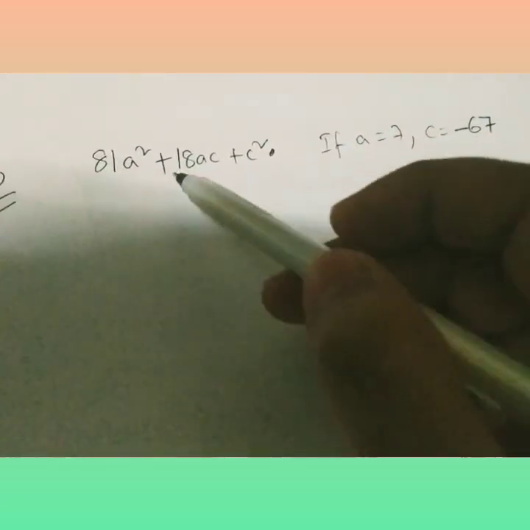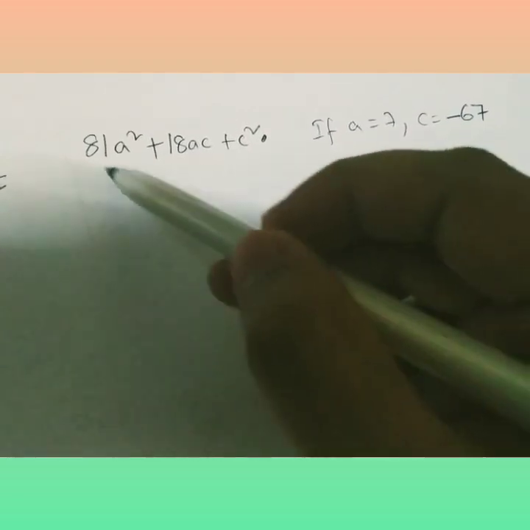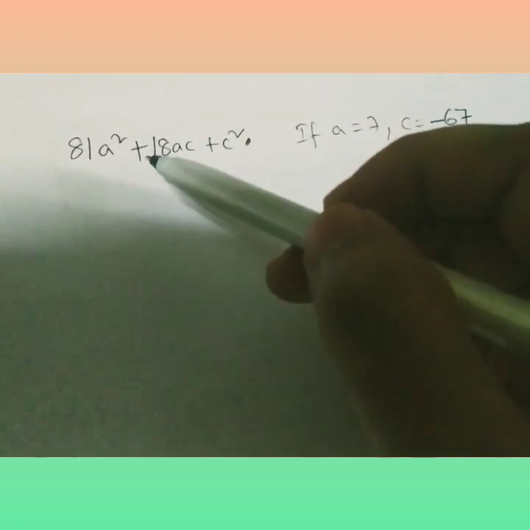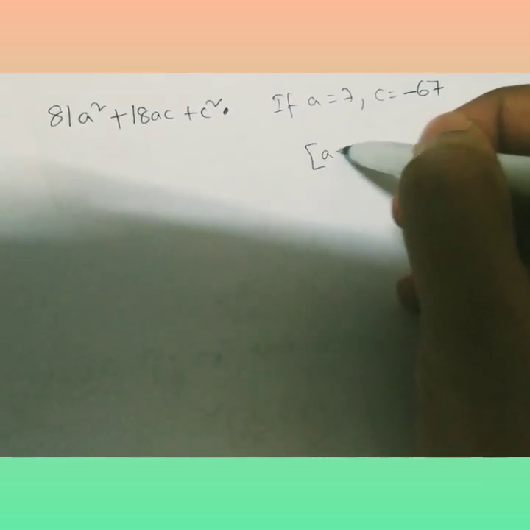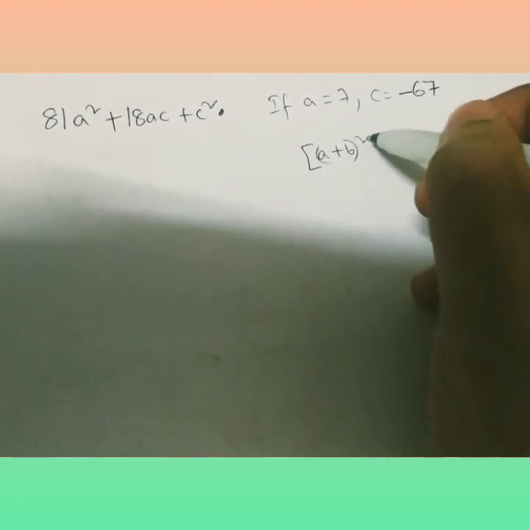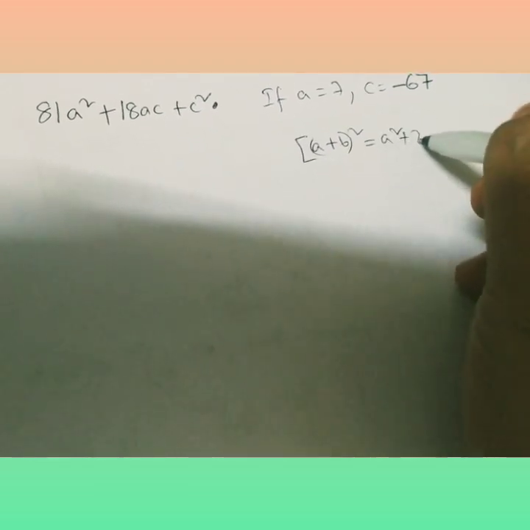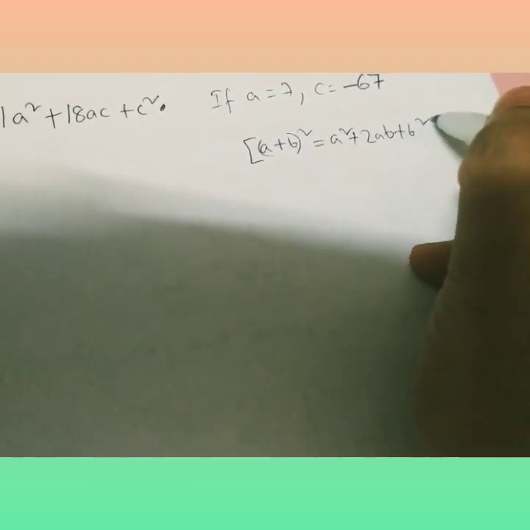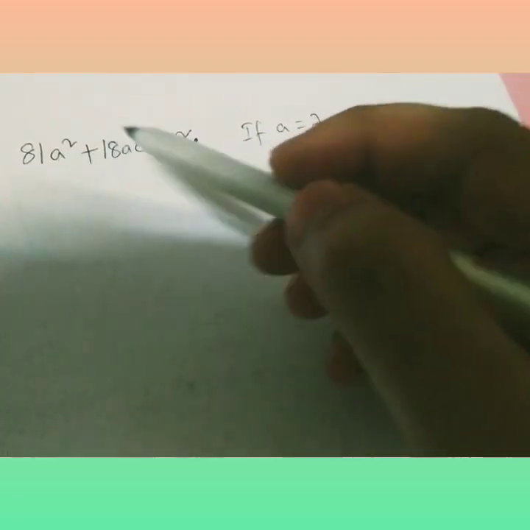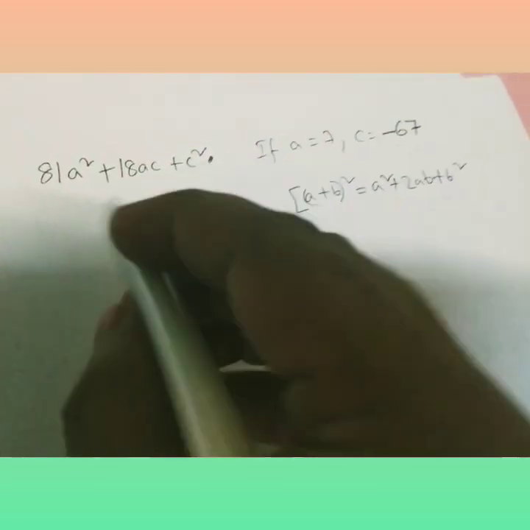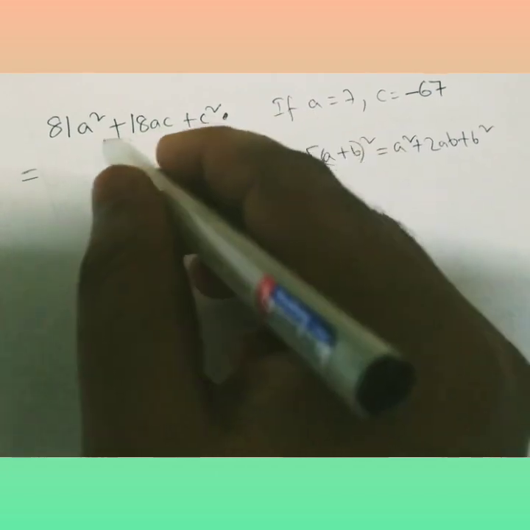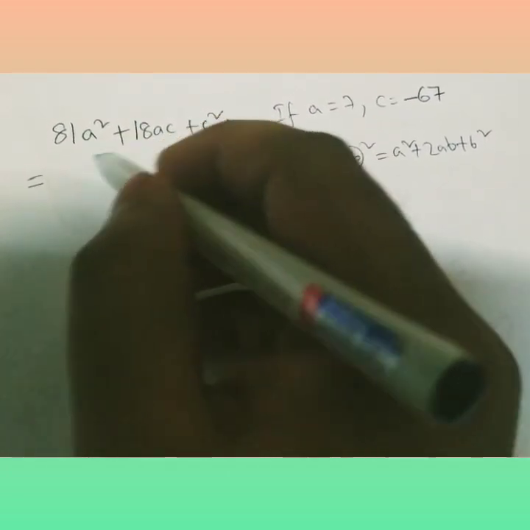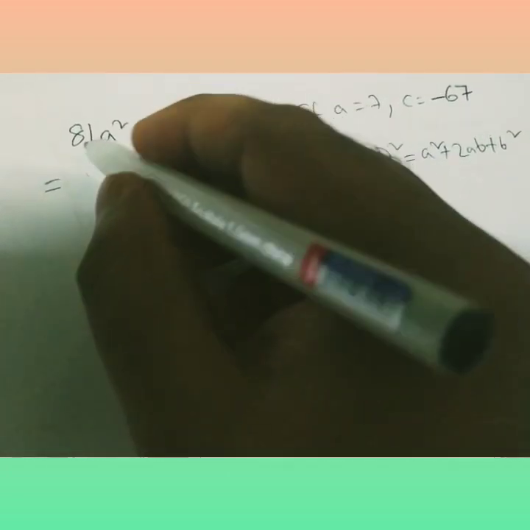So first of all, I need to compare this with the formula. Here you can see 2 pluses, right? So we can easily compare this with this formula: a plus b whole square equals to a square plus 2ab plus b square, right? Now I don't have a 2 over here, so I need to convert this into 2. So we can write it in this way.